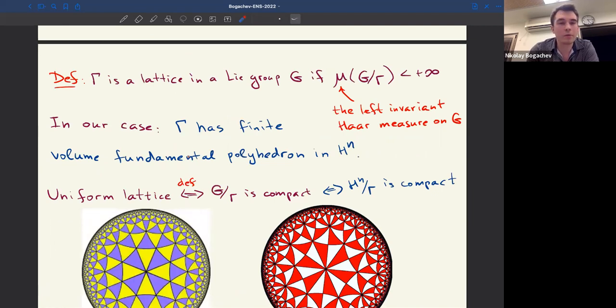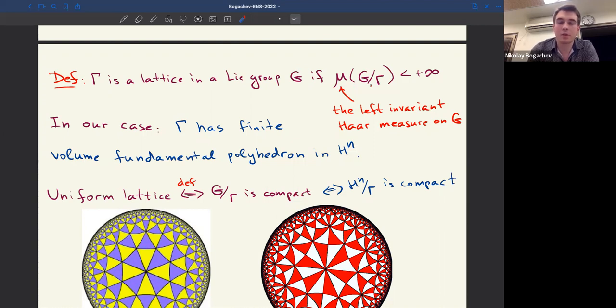In the general theory of discrete subgroups of Lie groups, this means that any Lie group G has a left invariant Haar measure, and gamma is called a lattice if G mod gamma has finite projected Haar measure on this quotient. In our case, this is equivalent to the fundamental domain having finite volume.